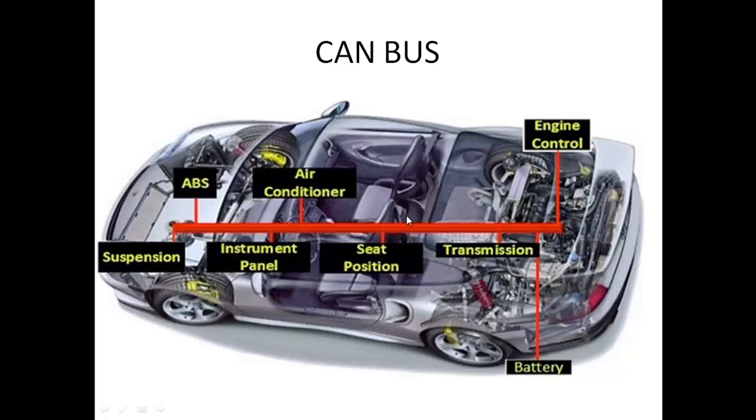Then seat belt, seat position, transmission, which is your gear arrangement. Here they are showing a car where the engine is at the back. Some cars have the engine in front, and some have it at the back. Most German cars are left-hand drive, with the boot at the front and the engine at the back.